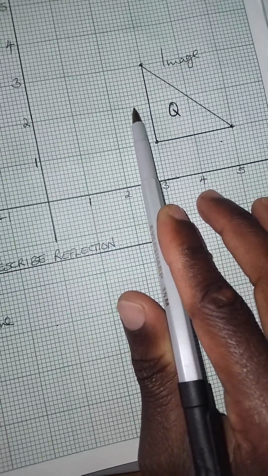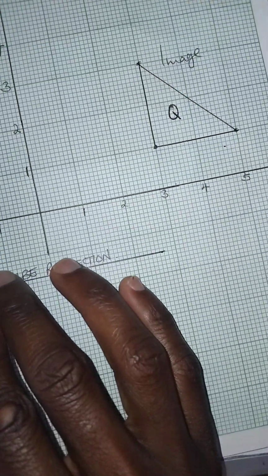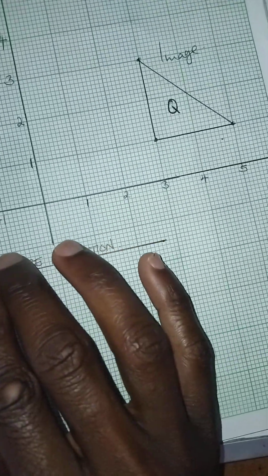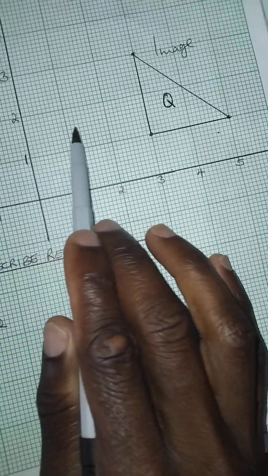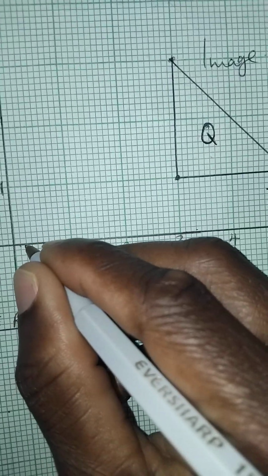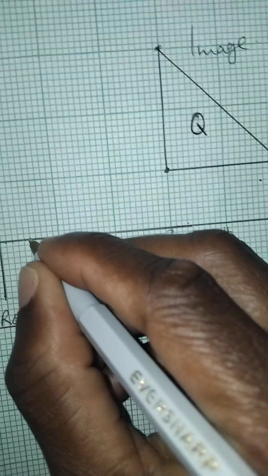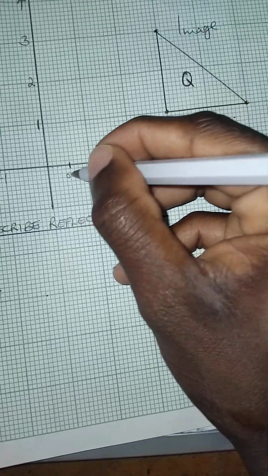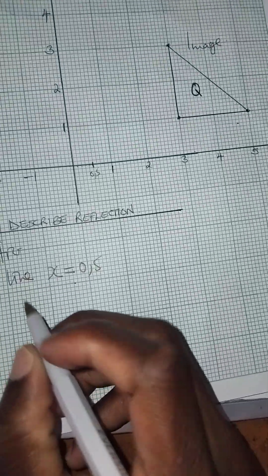So our center line, you just look at 1, 2, 3, 4, 5. Between 1 and 2 is the middle of the box, which is 0,5. So from 1 to 2 to 3 to 4 to 5, the middle is our mirror line, and 0,5 cuts the x axis, so x is equal to 0,5.